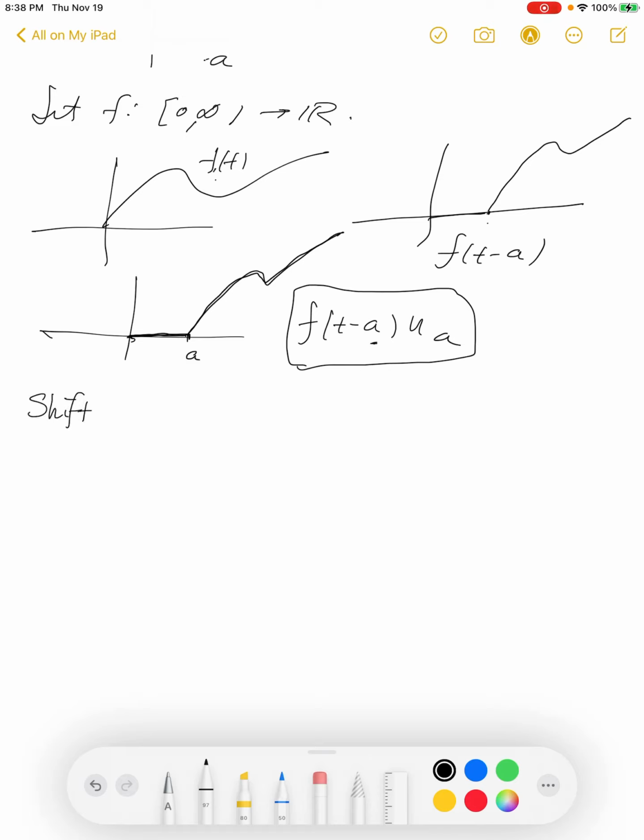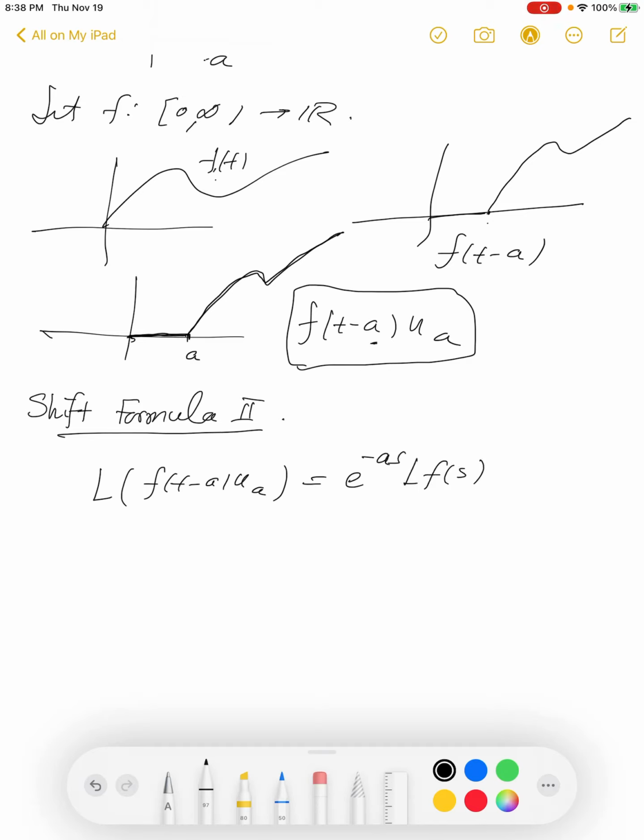So let me write down shift formula 2. The Laplace transform of f of t minus a times u_a is given by e to the minus as times the Laplace transform of f. So in other words, if you think of f of t minus a u_a as a shift of f, then the shift of f passes through the box.